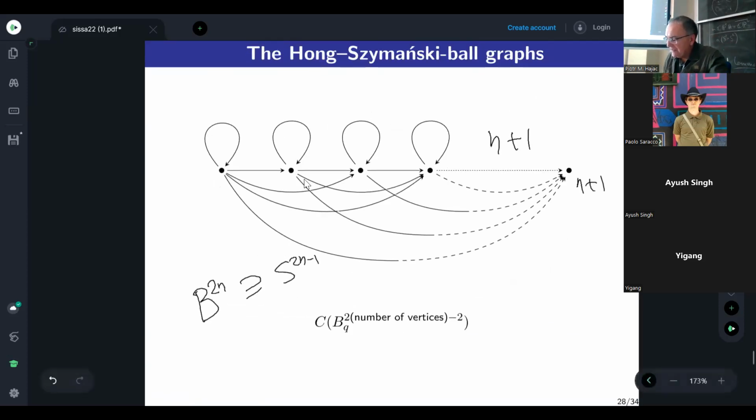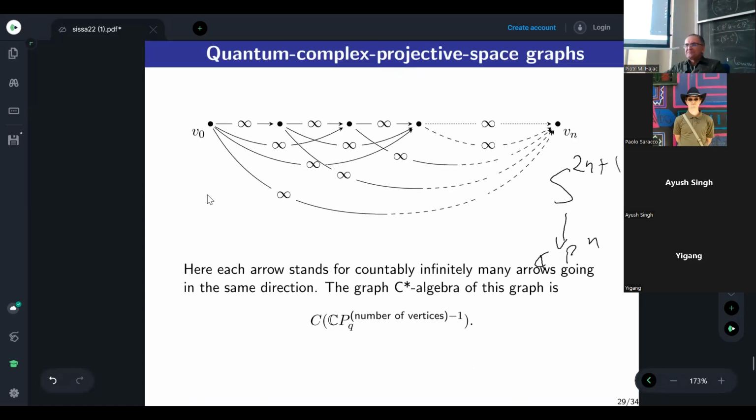I mean, it's true that here I have only single edges, but going from V1 to V2, I need not go straight from V1 to V2. I can go a million times around the loop and then go to V2. So in a way, you have countably infinitely many paths from V1 to V2, from V1 to V3, and so on and so forth. And now these paths are sort of abbreviated to edges. This is the kind of intuition you should have about what happened here.